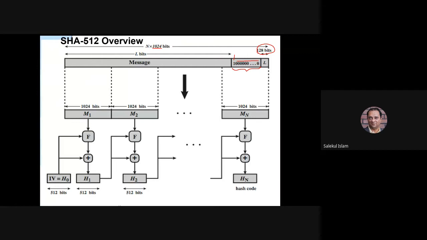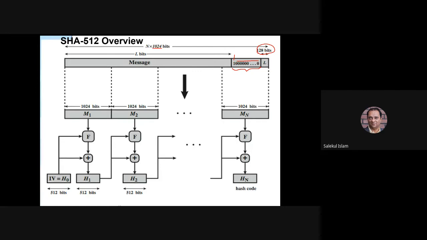So if the message is 3000 bits, then the last part, L, which is 128 bits, is defined in the specification of SHA-512. I cannot change it. Worldwide, if you are using SHA-512, then the length field L is 128 bits, a space to write the length of the message.